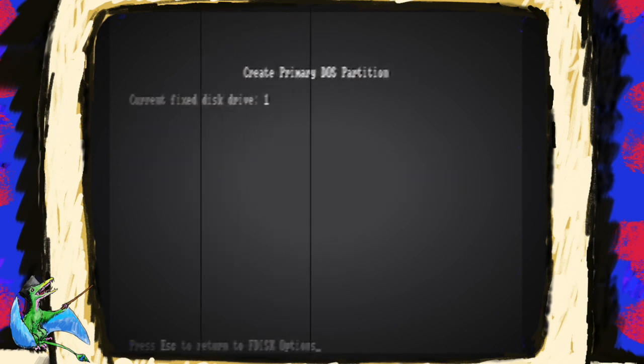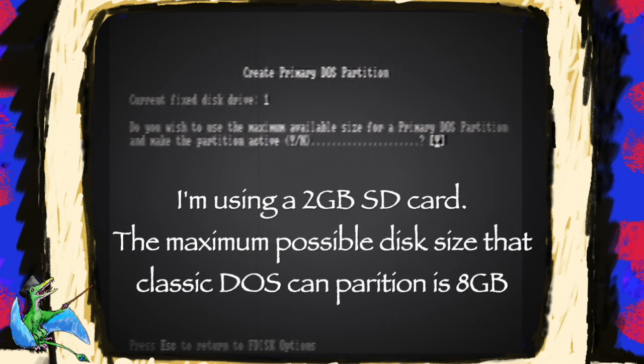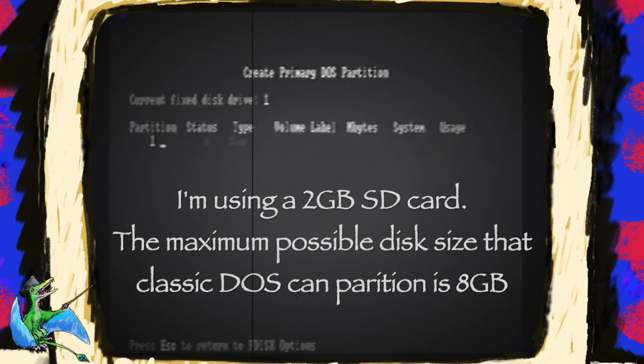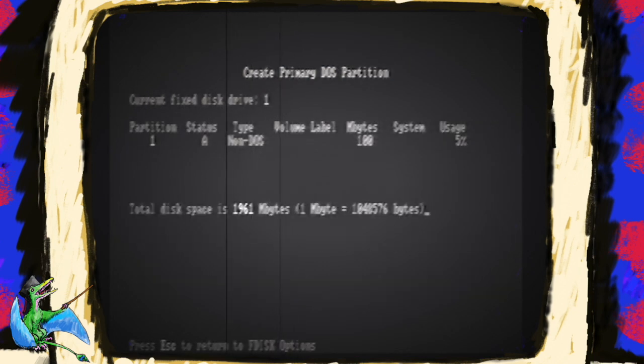Sit here and sniff around the disk for a while. Now I'm going to tell it not to make it the maximum size because ideally I want to make an extended partition and make some space that can be shared between the two. So we're going to say no. And there's the total disk space.